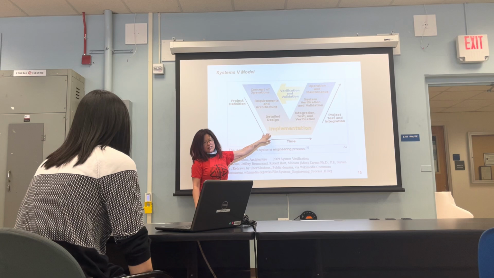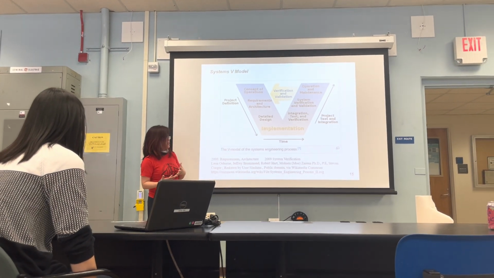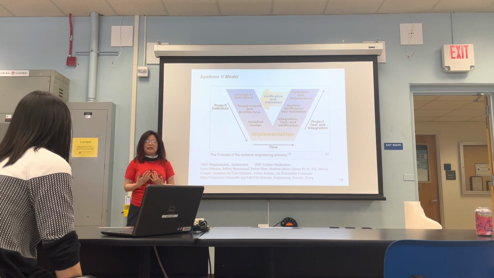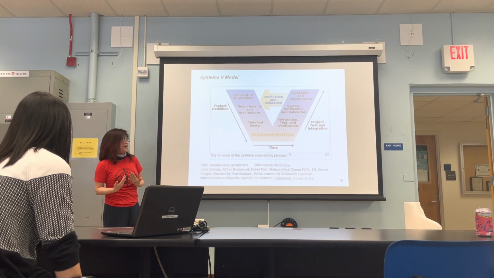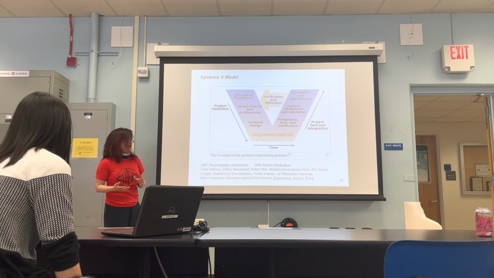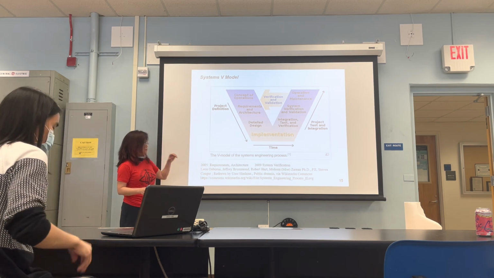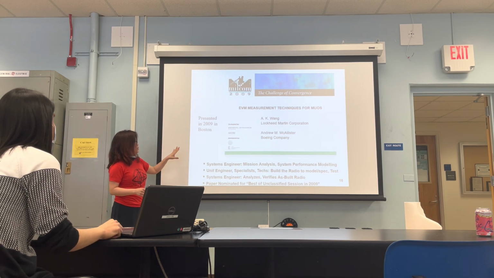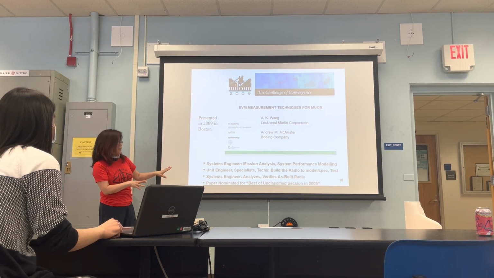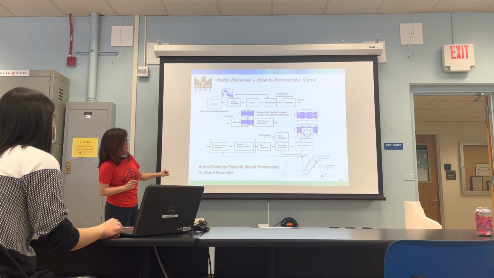A tremendous amount of work goes into building that satellite in that picture that I showed you. Then when you come out of the V on the right-hand side, people like me, the systems engineer, come back in, and we check the results to say, did you build that satellite the way that I told you to? Does it perform the way I expect you to? So that's the next chart. Then in 2009, I presented that other side of the V in Boston. Next chart.